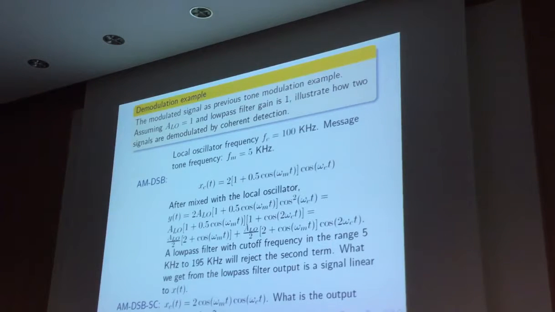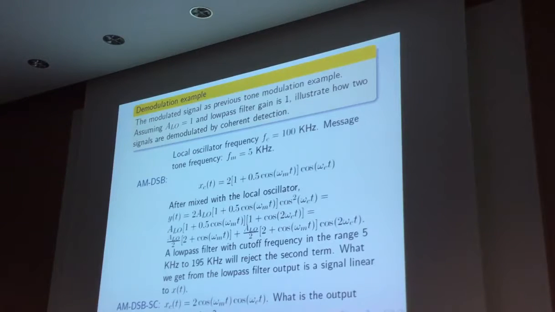This low pass filter's cutoff frequency must be greater than omega_m and less than 2 omega_c minus omega_m. Or in other words, if you represent using cyclic frequency, its cutoff frequency must be greater than f_m and less than 2f_c minus f_m.